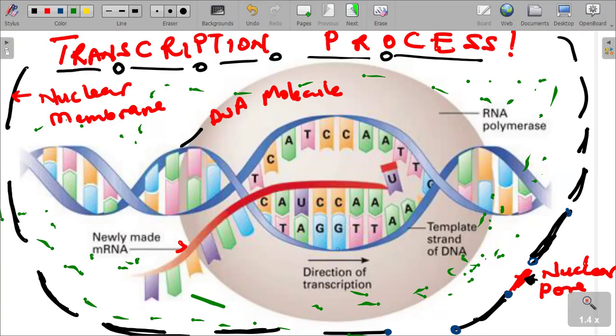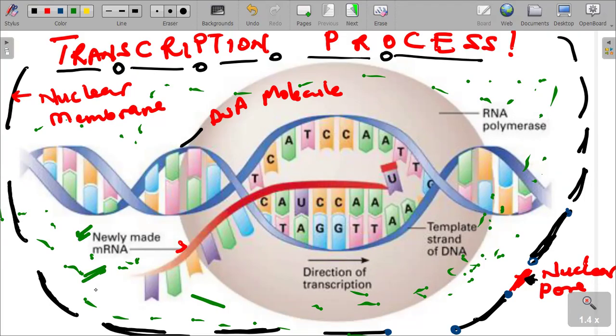So the newly formed strand is formed from the nucleoplasm, and the process is called transcription. Three adjacent bases on mRNA make a codon which codes for an amino acid.